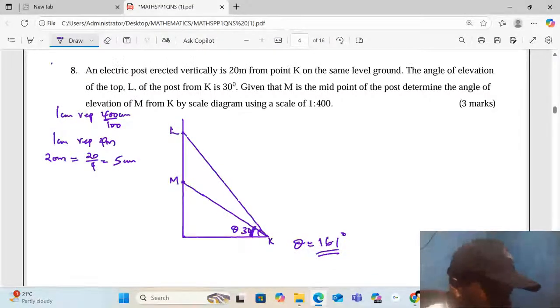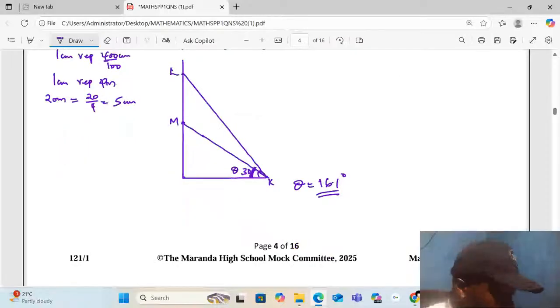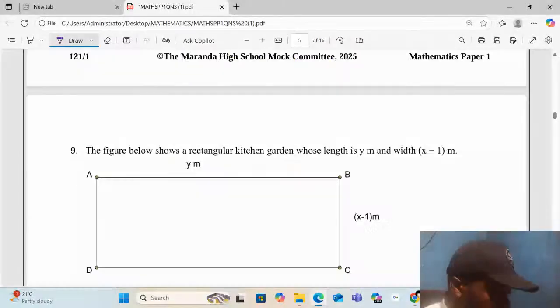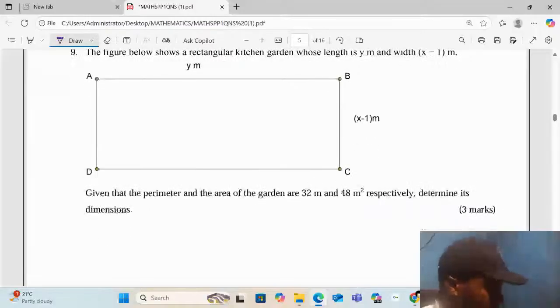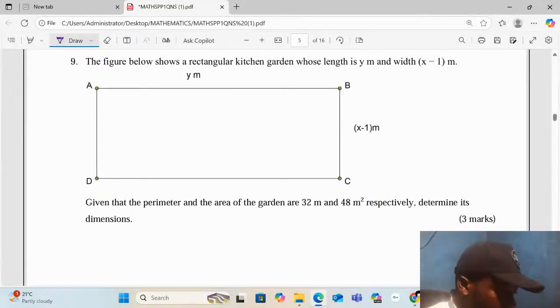We also move to the next part, question number 9. Question number 9 is a figure, which is a rectangle. I think it's a rectangular kitchen garden.